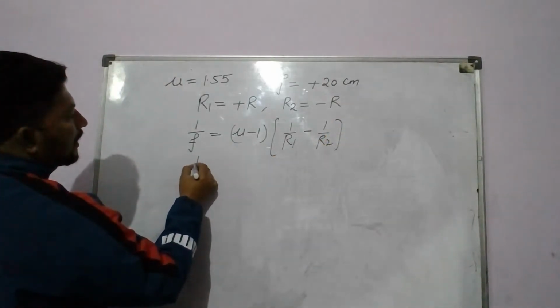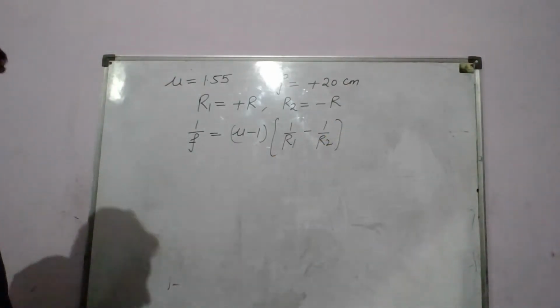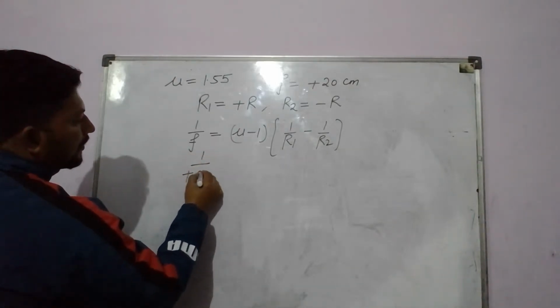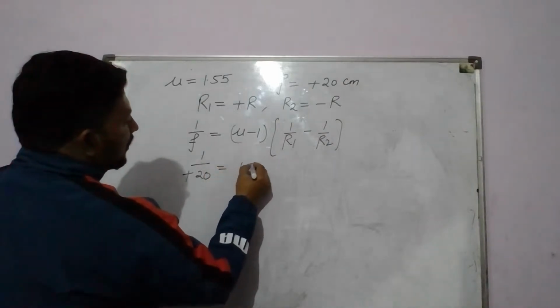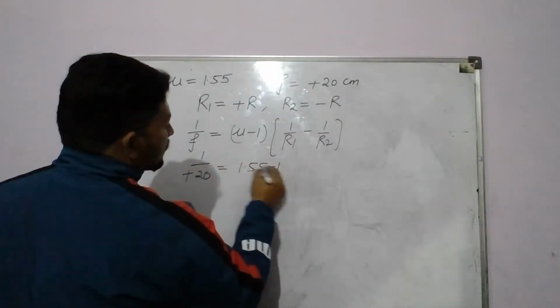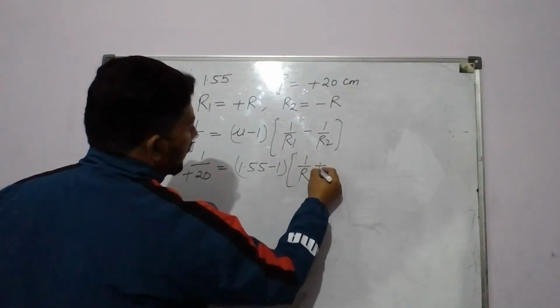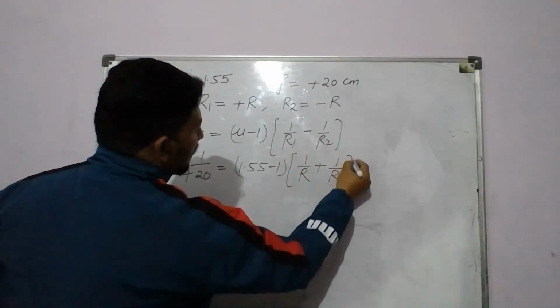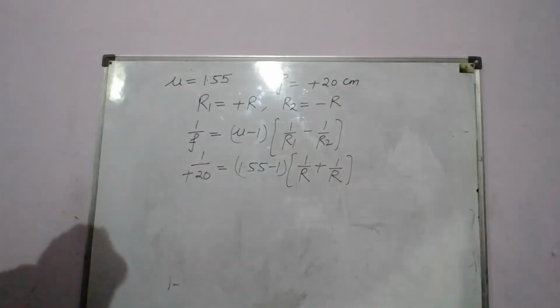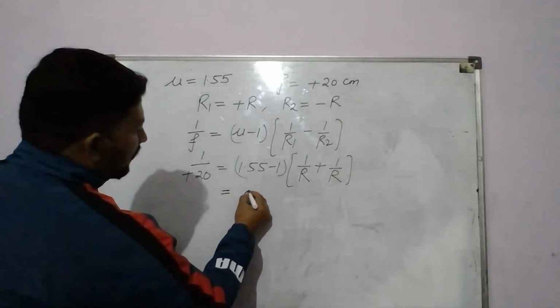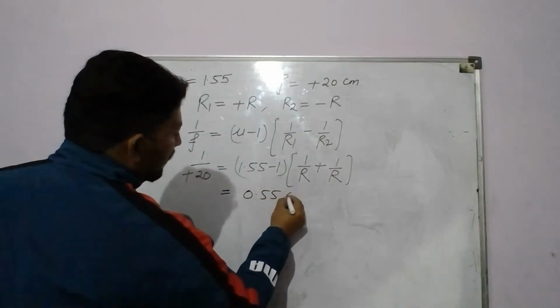The focal length is given, so 1 by 20 is equal to 1.55 minus 1 times 1 by R minus minus plus 1 by R. So from that equation, you will get R equal to 0.55. Am I right?